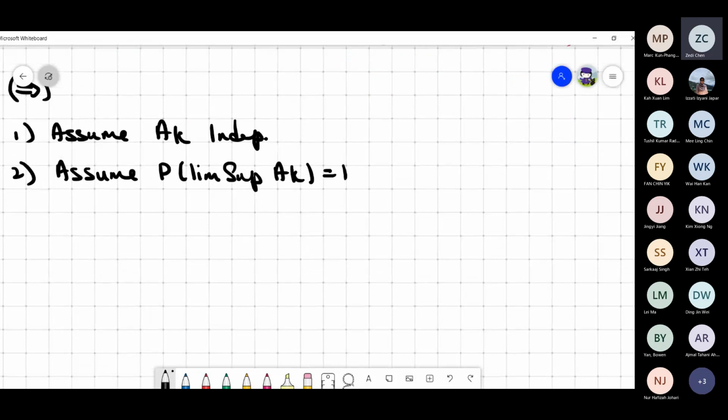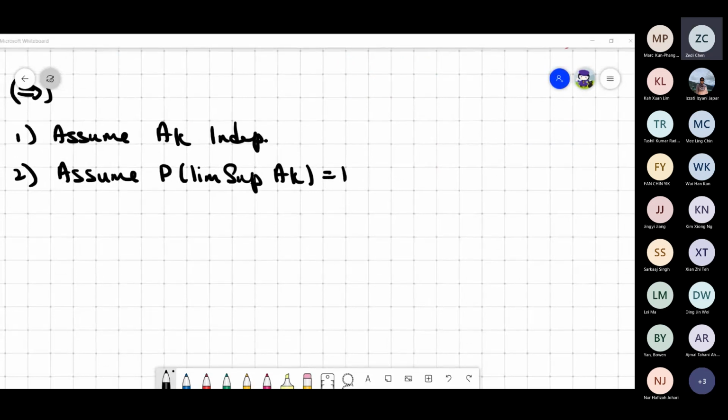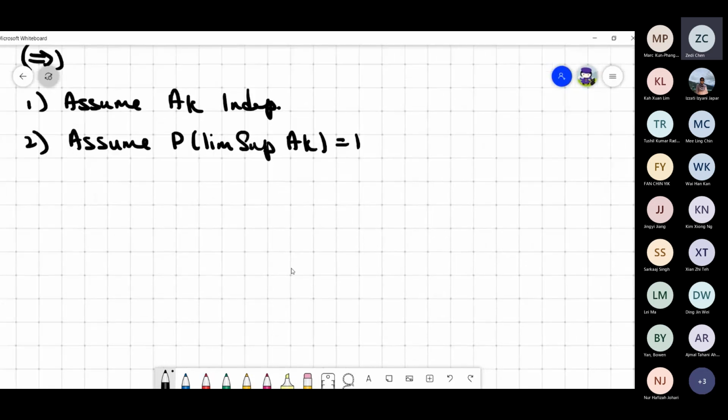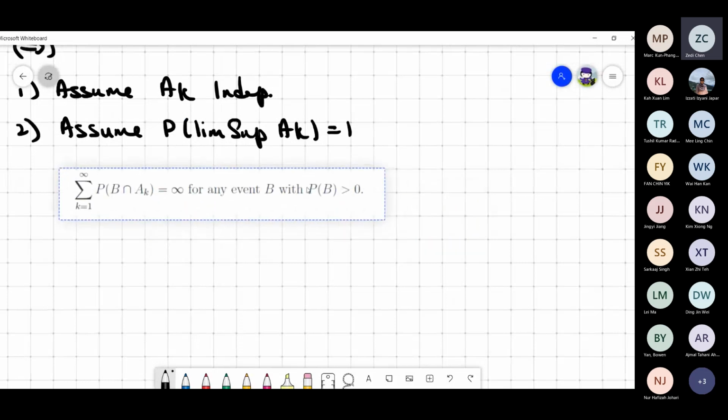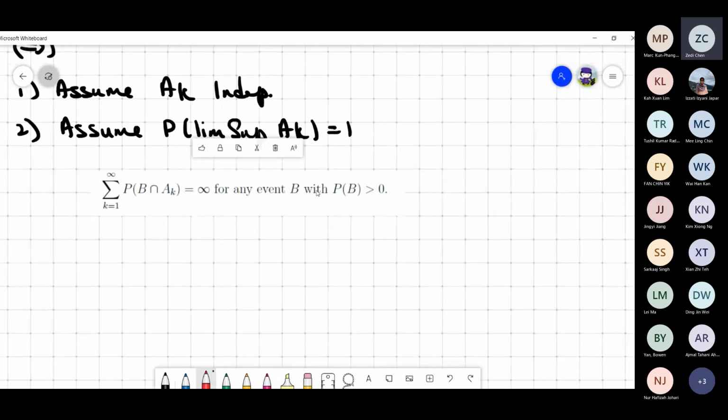Okay, what do we want to prove? We want to prove this: the sum of P(B∩AK) equals infinity for any event B with P(B) greater than 0.